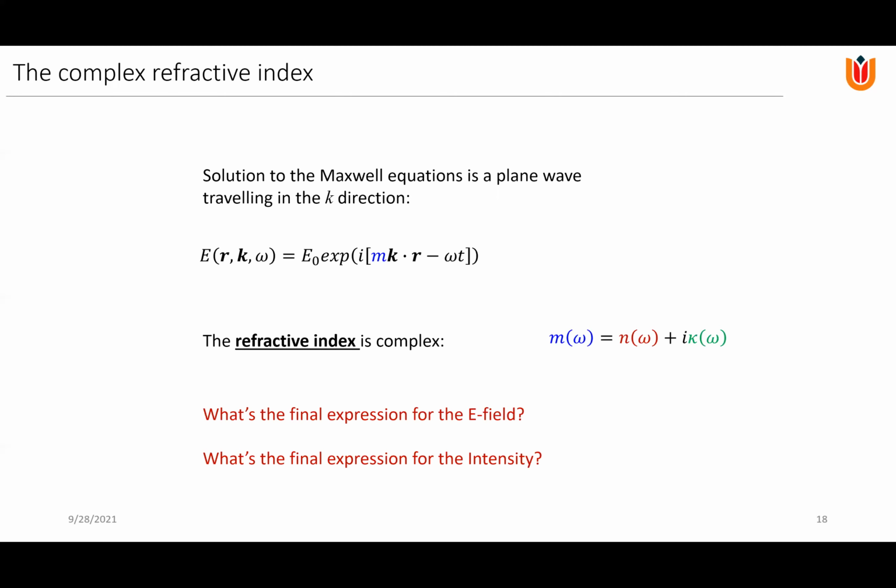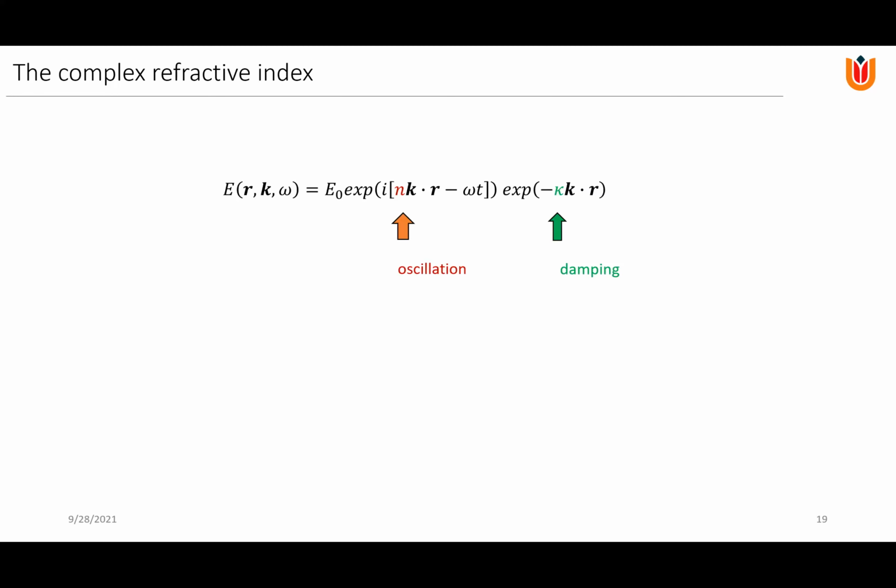If you multiply the imaginary part, i times i k with minus 1, it becomes real. So you get two factors. You get two exponentials. One that is still a complex exponential, so still an amplitude and a phase, so that is still an oscillation, and one that is a real exponential. So it's damped. It decreases, in this case, with the distance. So if you look at the amplitude of the electric field with distance, it will decrease.